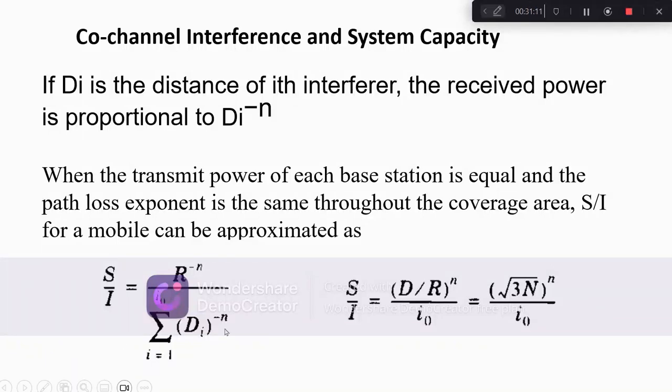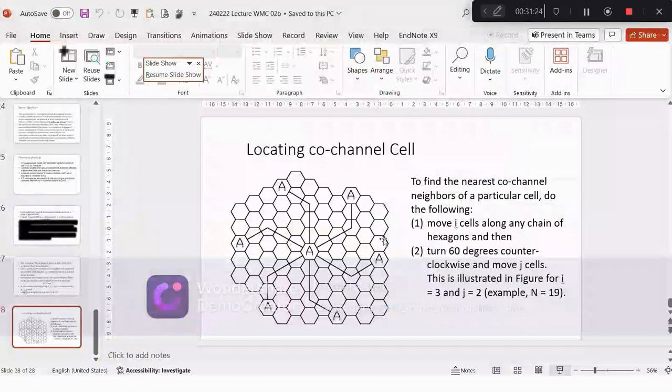So you see, from 1 to I naught, all the di, all the 6. I will draw another.